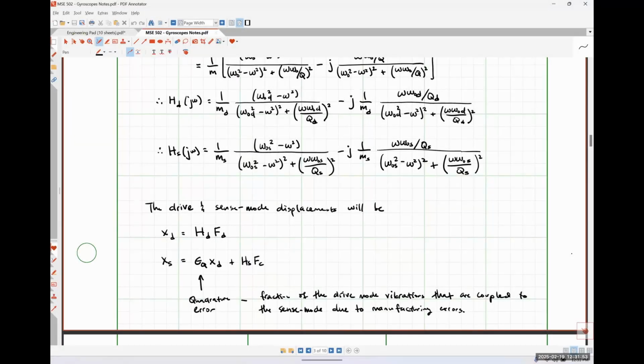So I saved the notes so we could start immediately where we were at the end of our last class meeting. We had done a bunch of math in the frequency domain to come up with these two relationships for drive and sense mode displacements, where the drive mode displacement is just our transfer function h sub d multiplied by our force in the d direction, and this is something that we are going to be in control of.